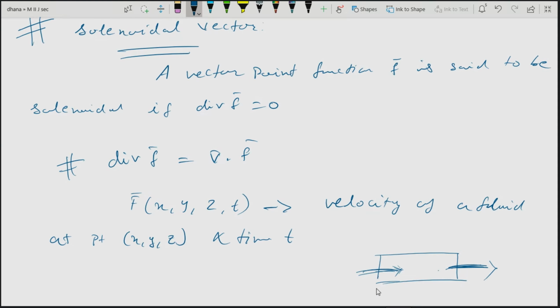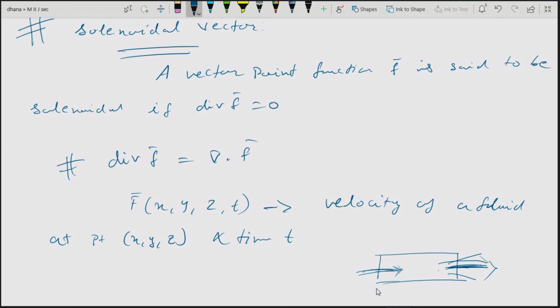It is not that at one point it will flow or at one point the fluid will expand. It can go towards here, it can go towards here also. So the divergence of F bar measures the outward flow or expansion of the fluid from that point at any time. Understood? So this is what the divergence of a vector means, the physical interpretation.